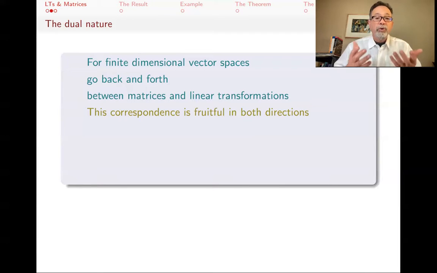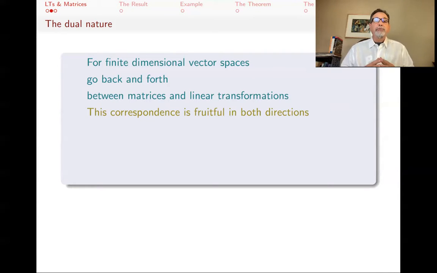In fact, this only works for finite dimensional vector spaces. For infinite dimensional vector spaces, we can't get matrices because those matrices would have to be infinite by infinite. For that reason, many mathematicians privilege linear transformations over matrices. Also, when you're talking about linear transformations, you don't have to fix bases. You don't have to be carrying around this extra data of what the bases were for your vector spaces.